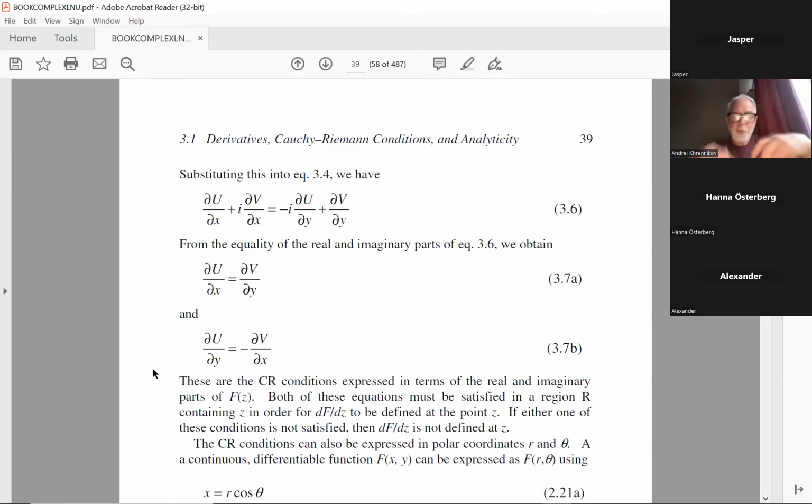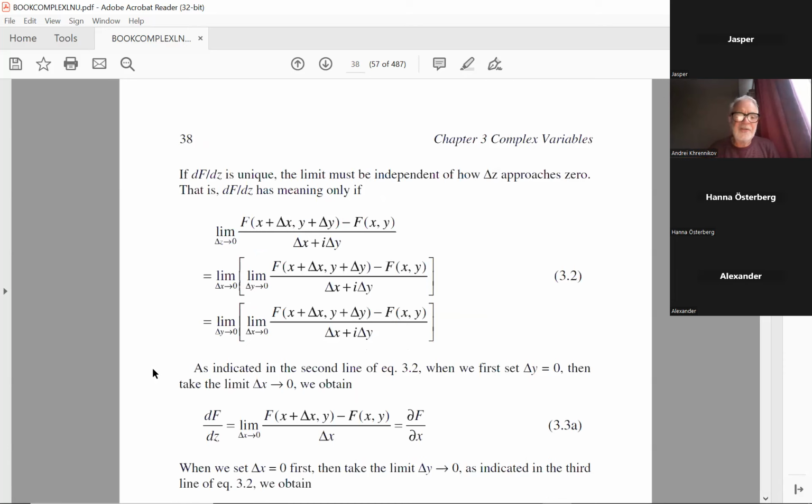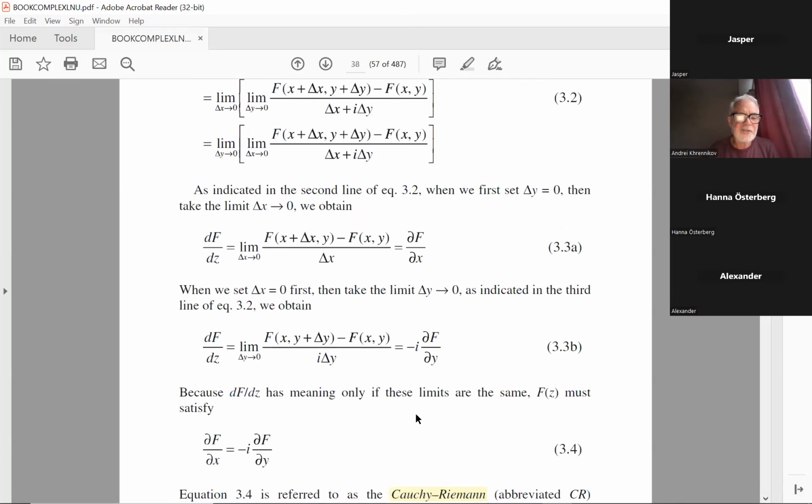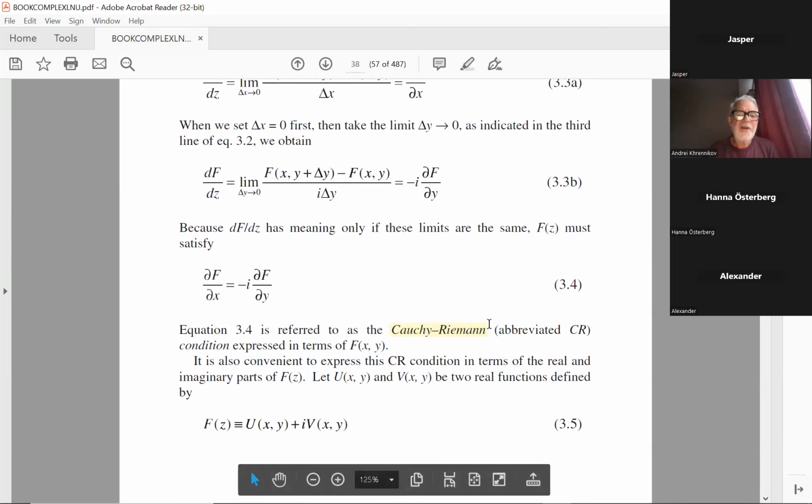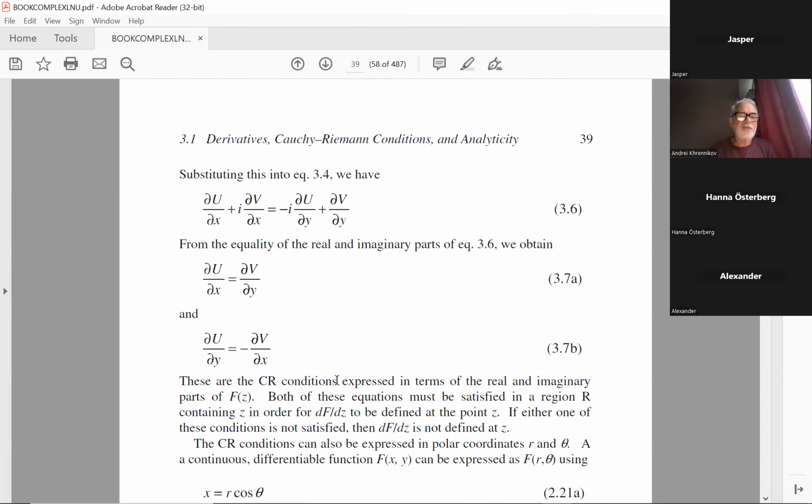Then we put, instead of f, its sum, and here in this equality we also put instead of f this sum. Then we collect the terms without i and the terms with i. So we get two equations. These are the Cauchy Riemann conditions in real form. There is no more i.